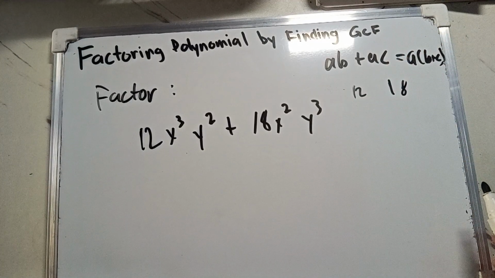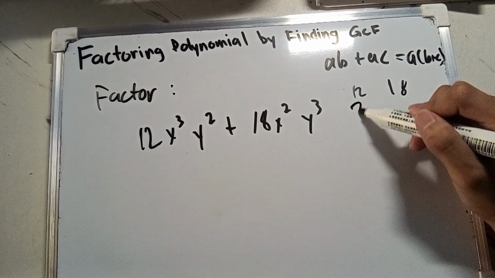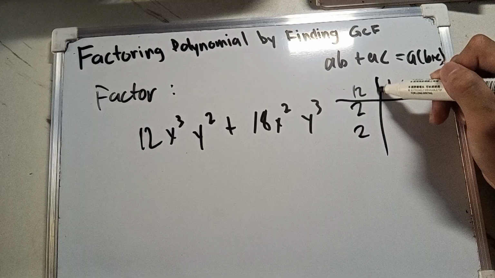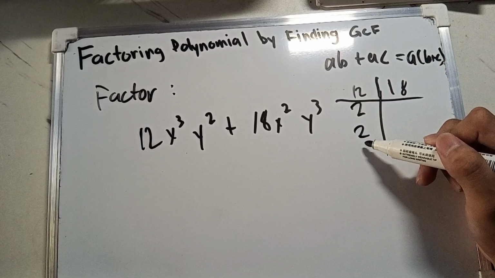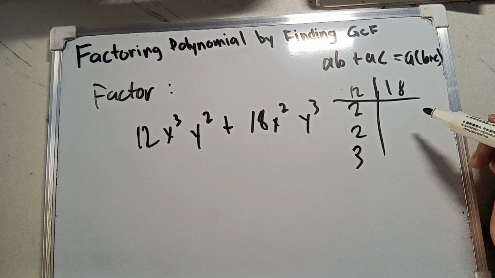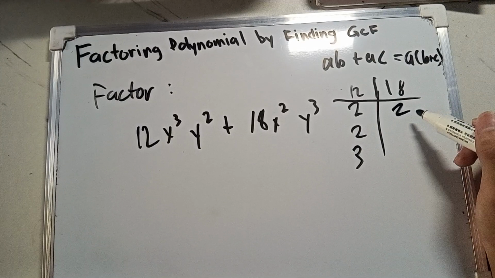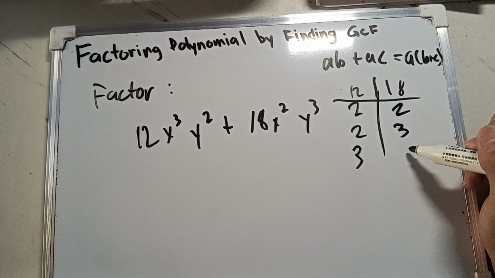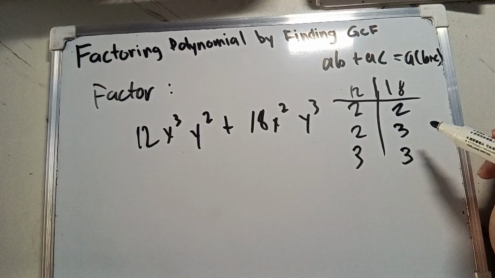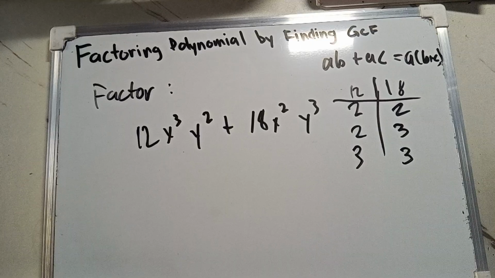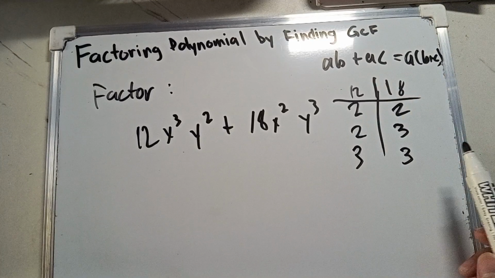So what are the multiples of 12? That is 2 times 2 times 3. For the 18, we have 2 times 3 times 3. What are the common factors of 12 and 18?